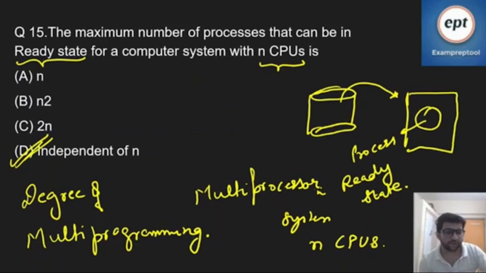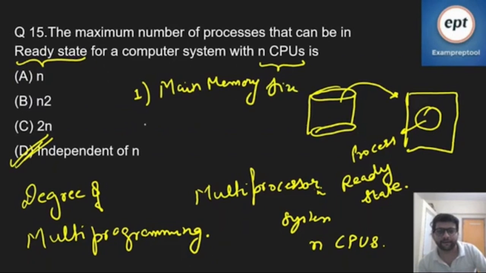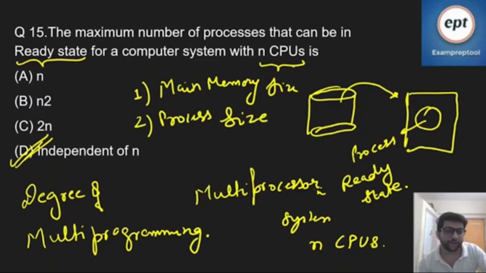And it only depends on number one, the main memory size. Number two, the process size. And it does not depend on the number of CPUs in the system. So that is why it is independent of n, the answer will be D.